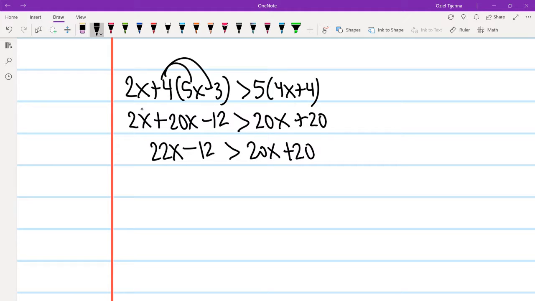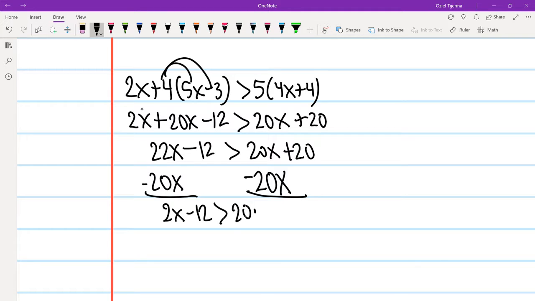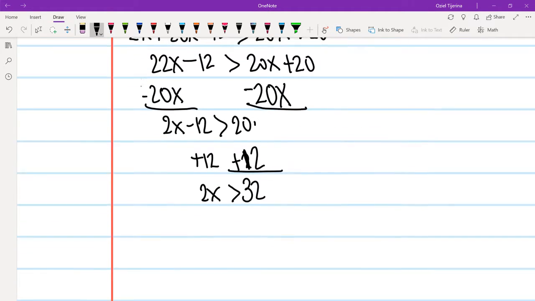Then you subtract 20x on each side to make it easier and to not have any negatives. So 2x minus 12 is greater than 20. Add 12 on each side and get 2x is greater than 32.